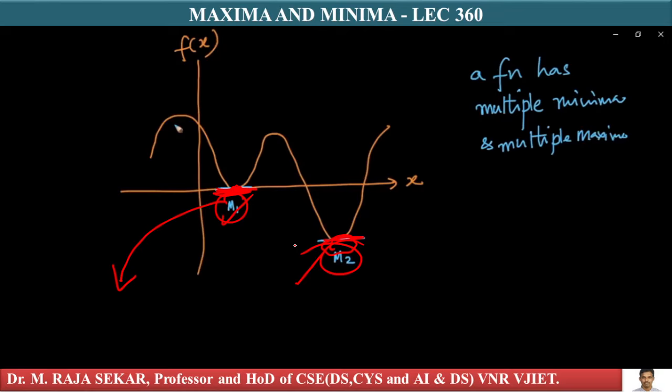There are also two maxima. Here this is maxima 1, and here I have maxima 2, isn't it? Because with respect to this locality, with respect to these local points, this particular point is the maximum point. With respect to the neighborhood of this particular point, this is the maximum point.